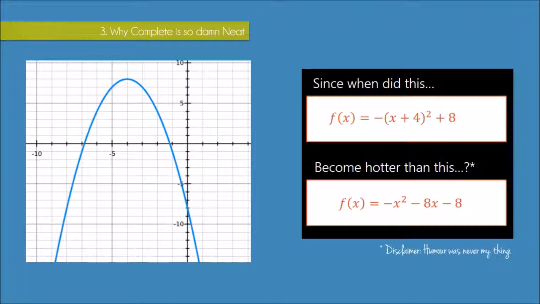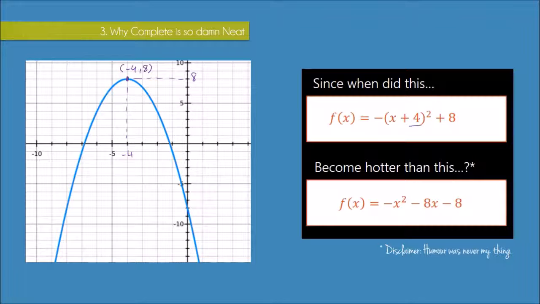I've talked to you before about the turning point of a quadratic and its coordinates. If we look at this graph here, we can see that it has a maximum point at (-4, 8). And we can read this directly from the completed square form.